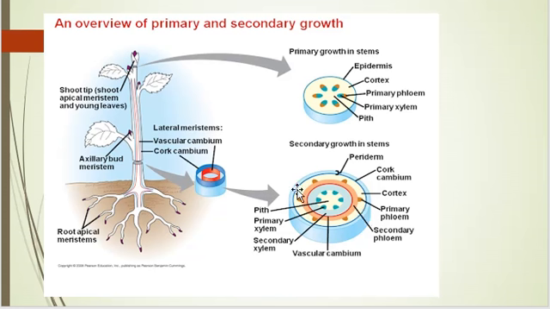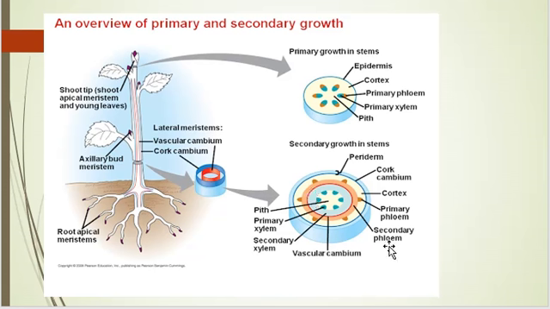Then there is the ring of vascular cambium below the phloem. Then below vascular cambium there is secondary xylem, with primary xylem on the inner side and secondary xylem on the outer side, and at the center there is the pith.